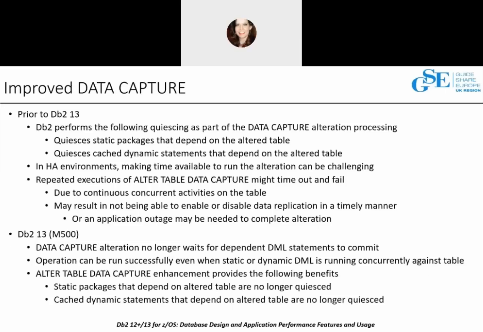So in function level 500, Db2 13, data capture no longer waits for dependent DML to commit, and the operation can run successfully even when static or dynamic DML is currently running against the table. Therefore, you no longer will have to have this sort of outage, with statements and packages quiesced, to do the data capture alter.